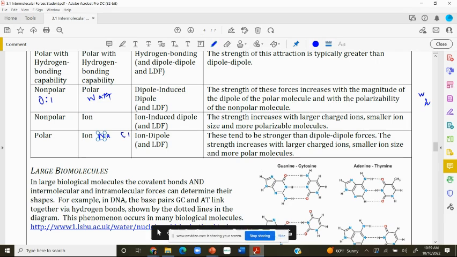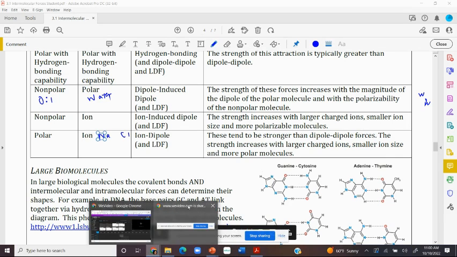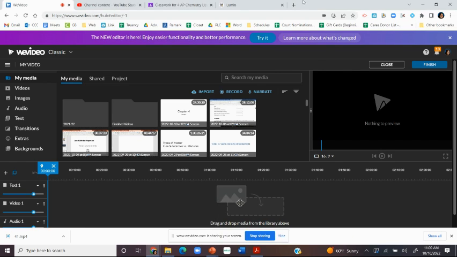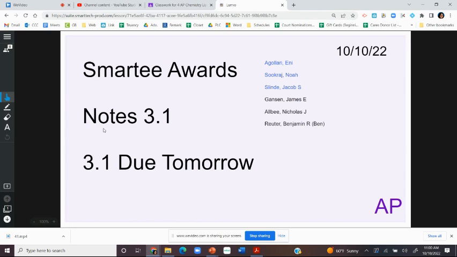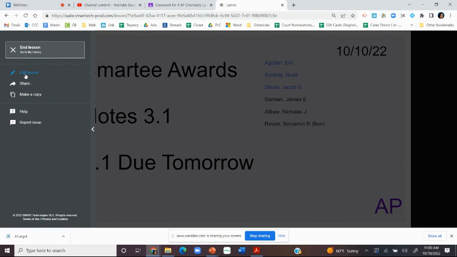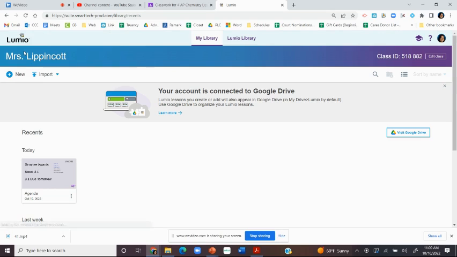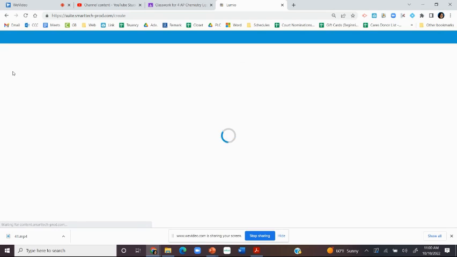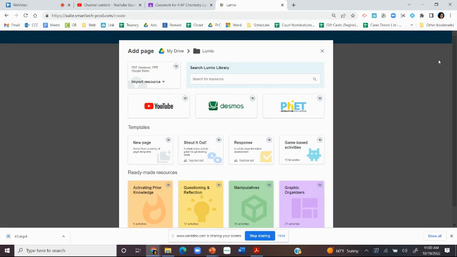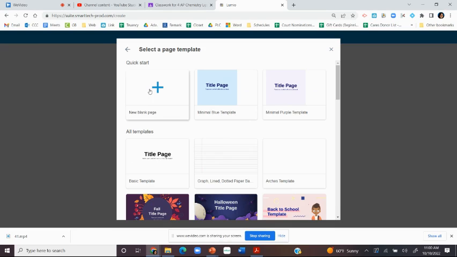Let me see if I can pull this up and get a bigger thing to write on, you guys. This is supposed to have some sort of whiteboard on it. Add a slide. I thought I was supposed to have a whiteboard here. There we go.